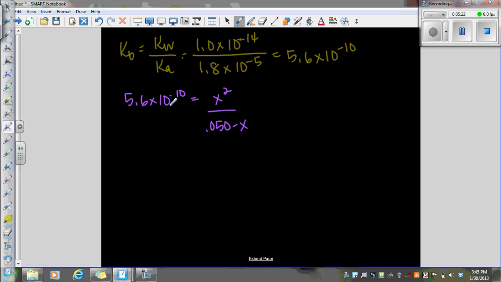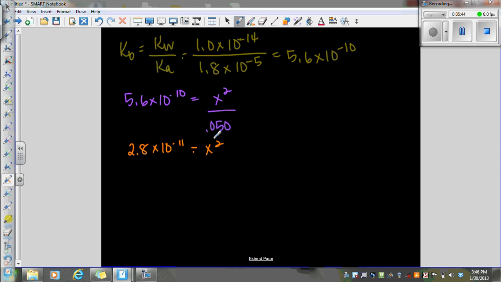Now, if I take Ka times 100, it is still much smaller than 0.050, so I can approximate. So now, if I take 5.6 times 10 to the negative 10th times 0.050, I will get 2.8 times 10 to the negative 11th equals x squared.